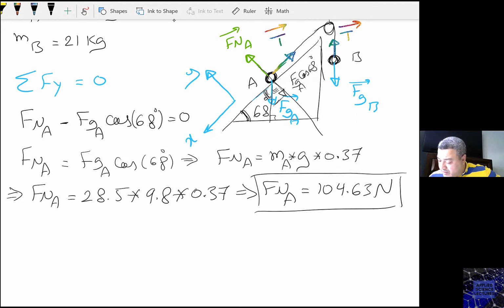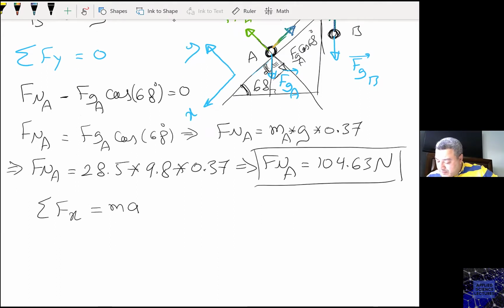Of course, sigma F_x equals m a. So I have minus T. Now I have here F_gA, not cosine 68.